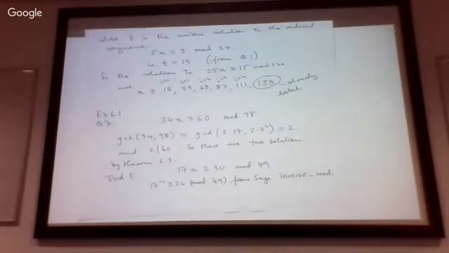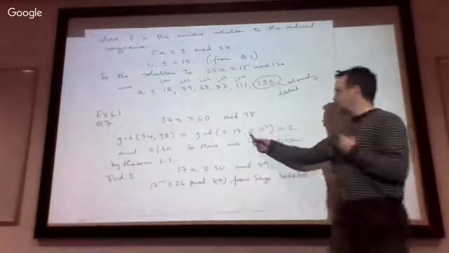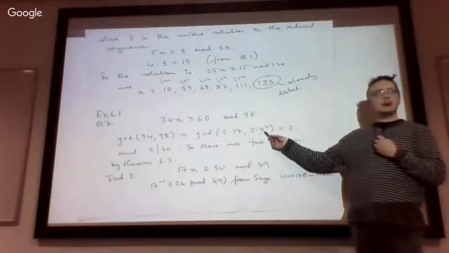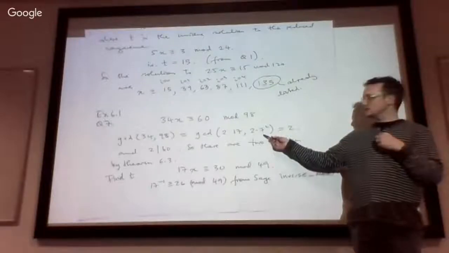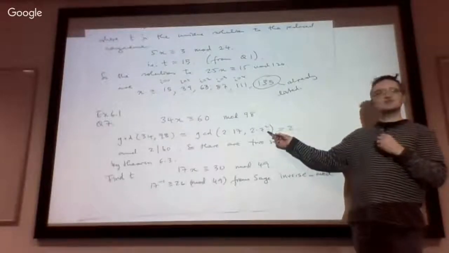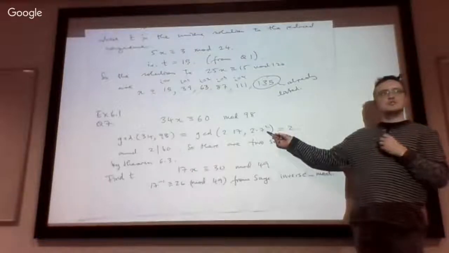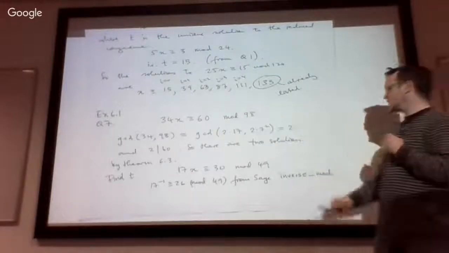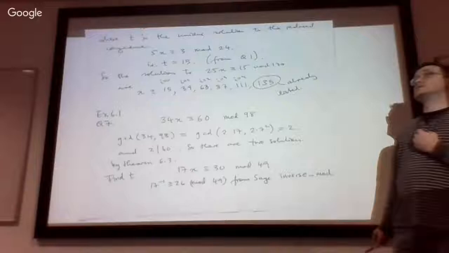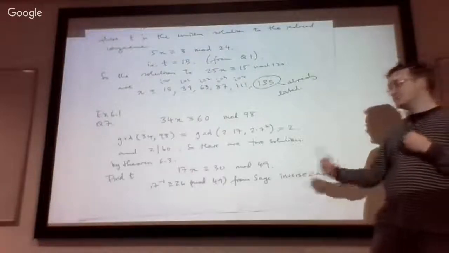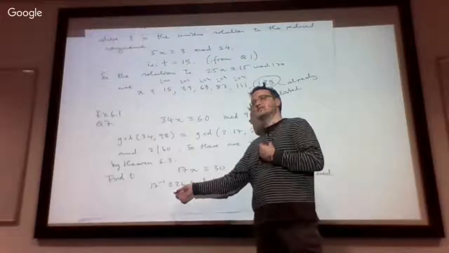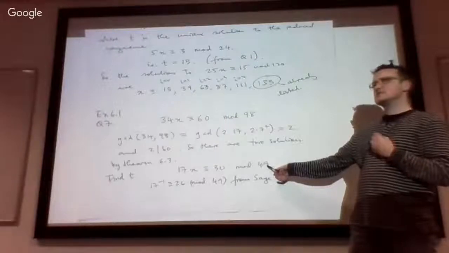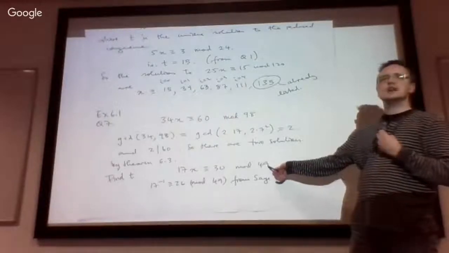You can evaluate phi of 49 from its prime factorization: you reduce the exponent on each of the primes by 1, and multiply by 1 less than each of the primes. 49 is 7 squared, so that will be 7 times 6, which is 42.